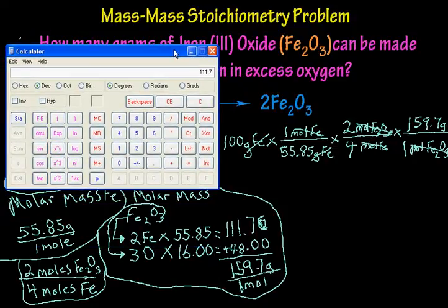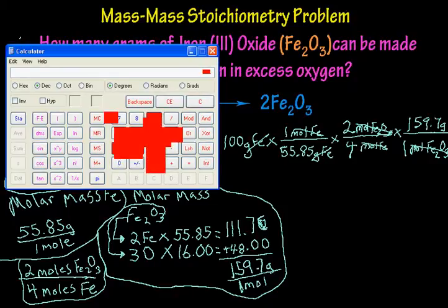Last step. Handy dandy calculator. Let's do the arithmetic here. So it becomes 100. And we just multiply all the numerators together. Times 1, times 2, times 159.7. $31940.